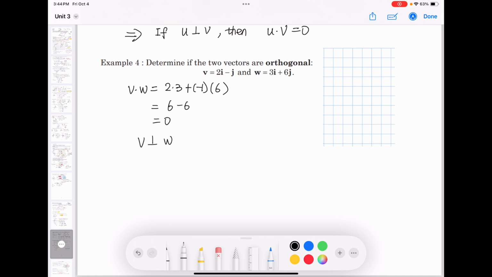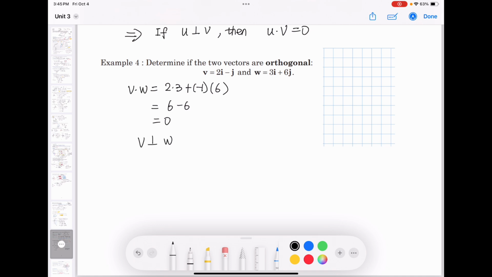Don't worry, if you have time, you can draw these two vectors and tell that they are orthogonal to each other.